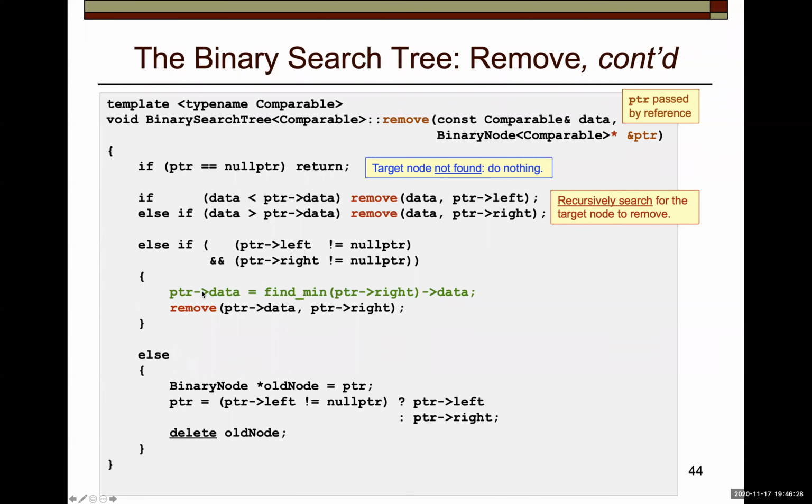We're replacing its data with the data of the minimum node of the right subtree. That's what's going on here. And then we recursively remove the node that was in the right subtree. Okay, and that's a recursive remove. Okay, but we know that that node can have either no children or one child. Okay, and we know how to do that.